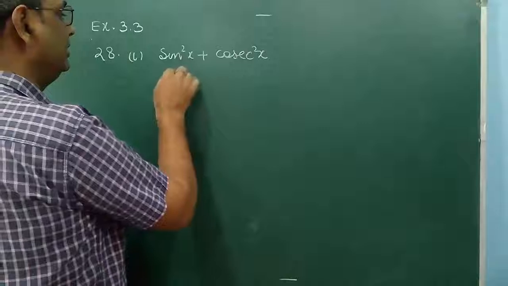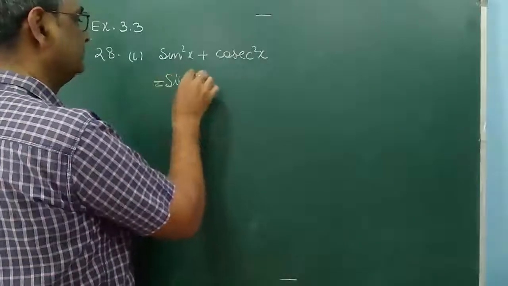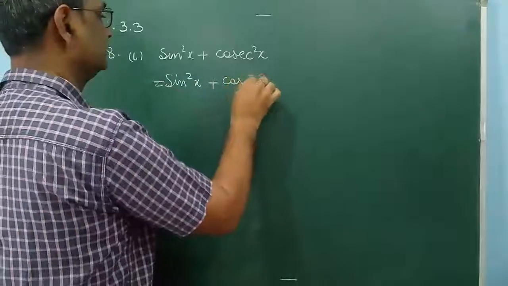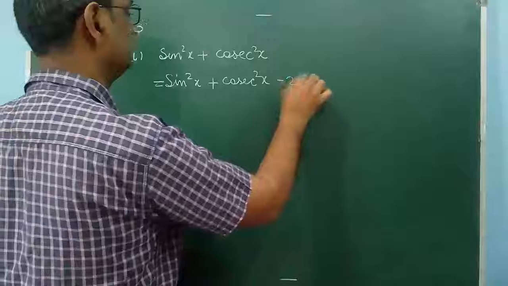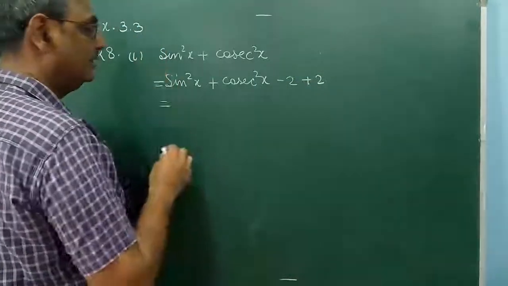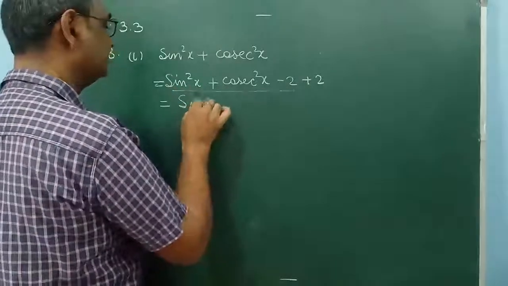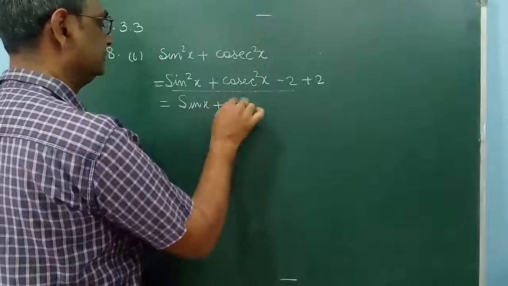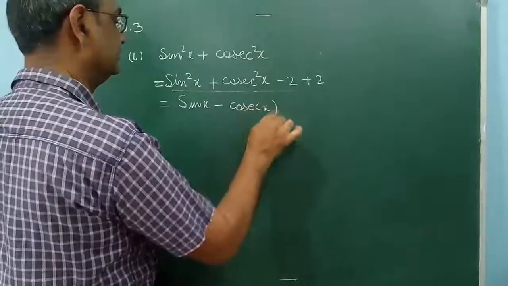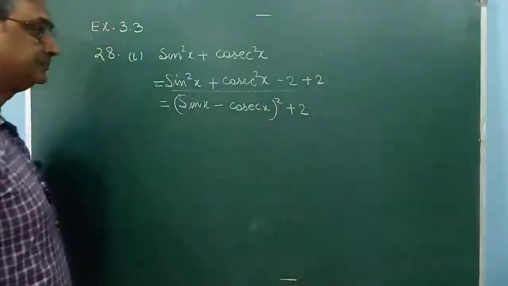So we can do one thing. Here we can write this as this, and this here can be written as this one.